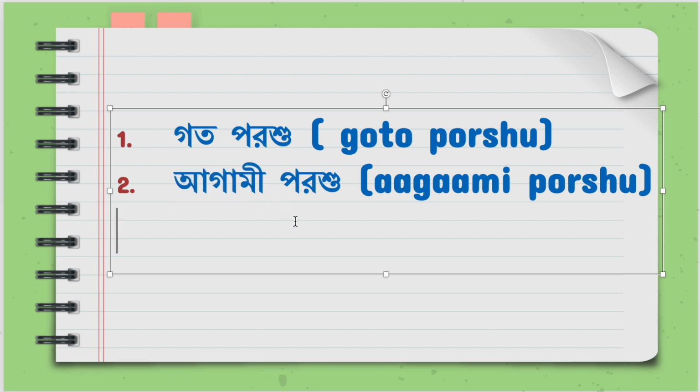So when you say agami porshu, that means the day after tomorrow. So you can just write it down in your notebook. Goto porshu is the day before yesterday. Agami porshu is the day after tomorrow. Okay, but most Bengalis, we just go with porshu.